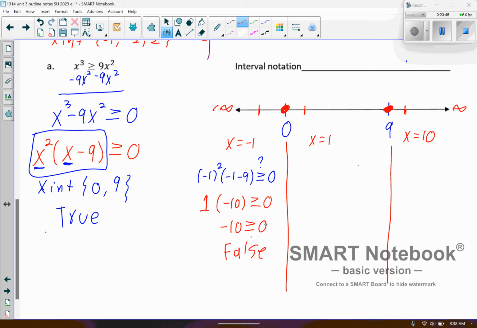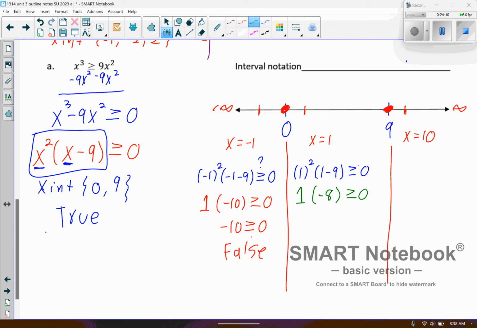Now let's try positive 1. We plug in positive 1, so we have 1 squared times 1 minus 9 is greater than or equal to 0. Well, 1 squared is 1, and 1 minus 9 is negative 8.